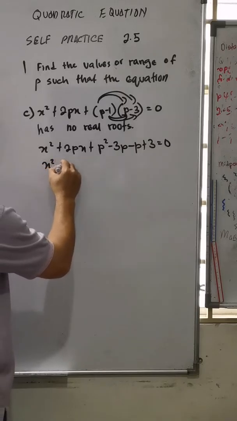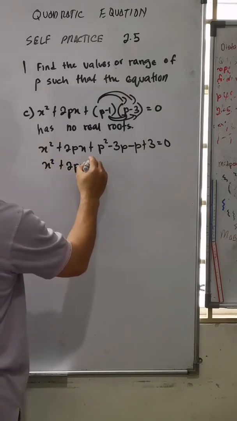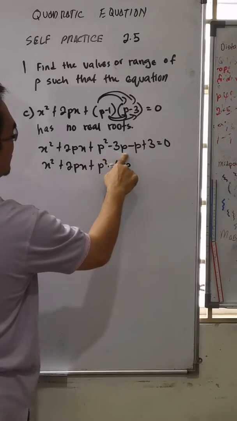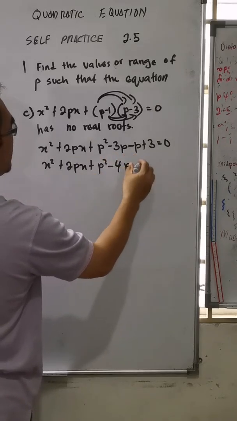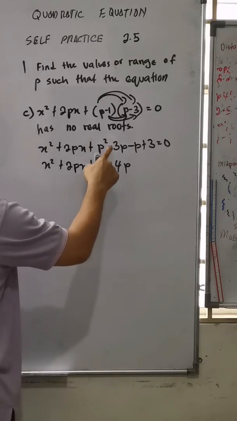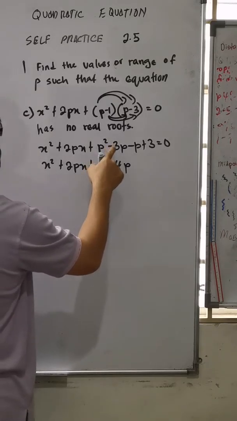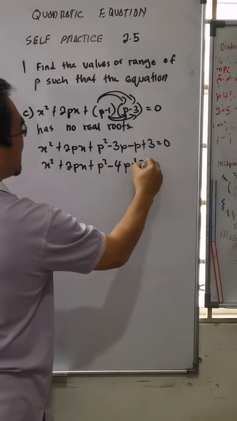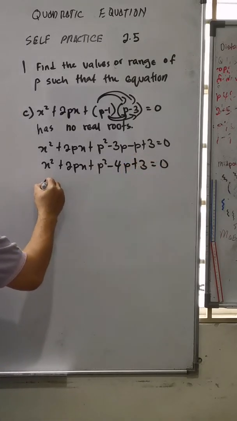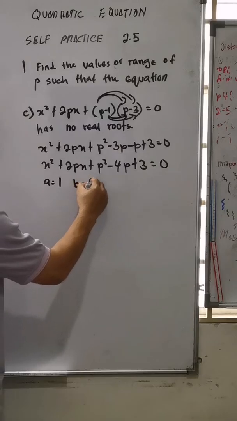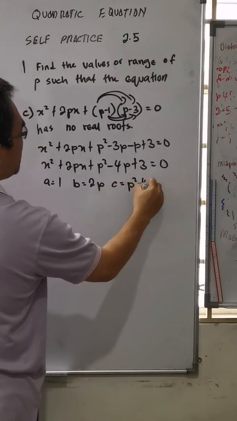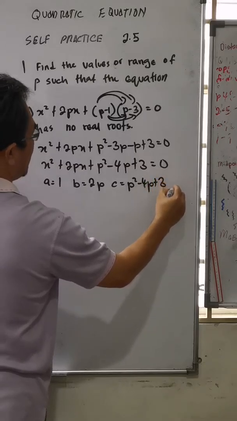So x squared plus 2px plus p squared minus 4p, because negative 3p minus p is negative 4p. If you are not sure, press the calculator: negative 3, negative 1. Okay, plus 3 equal to 0. So A will be 1, B is 2p, C is p squared minus 4p plus 3.